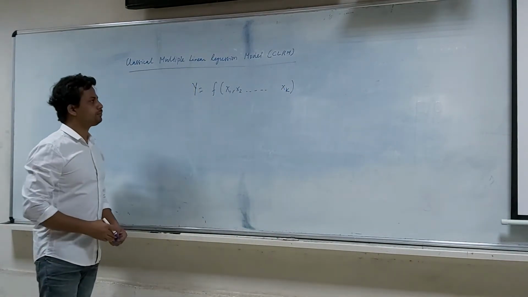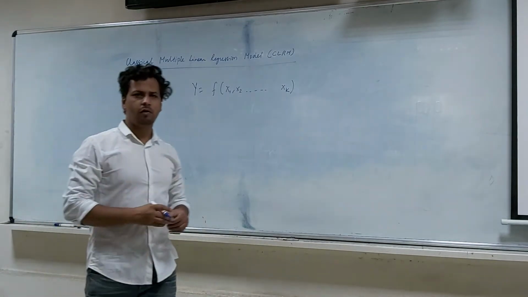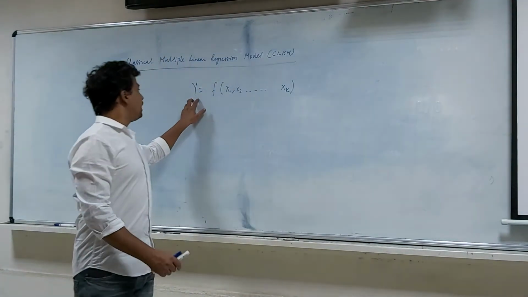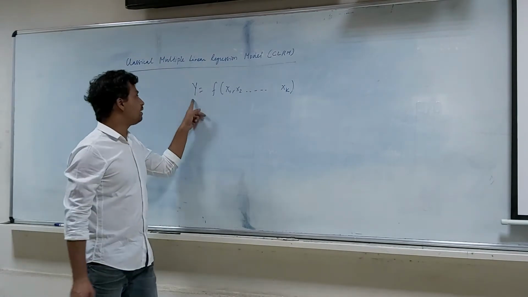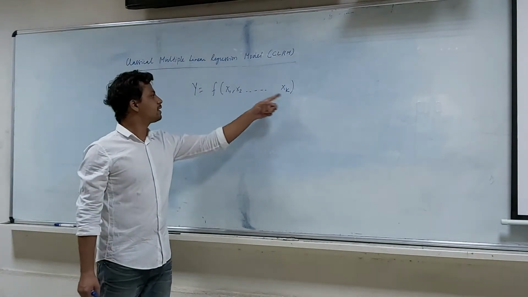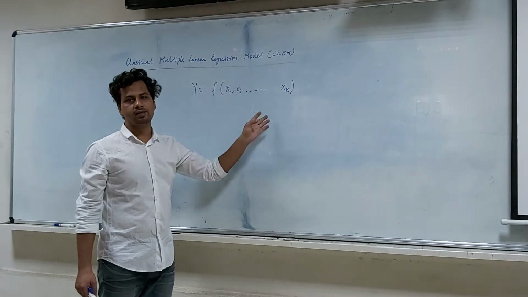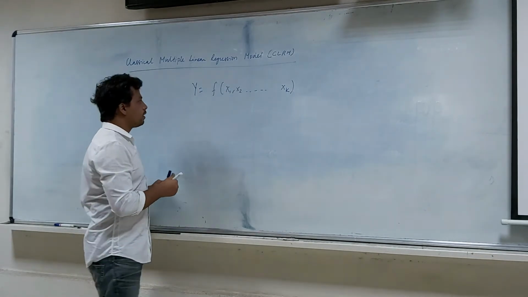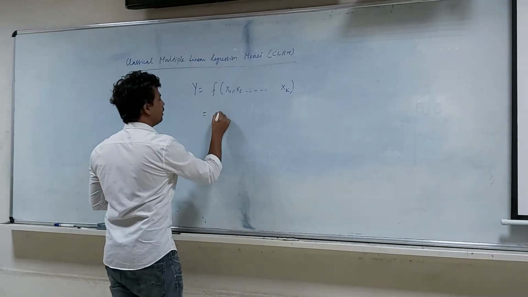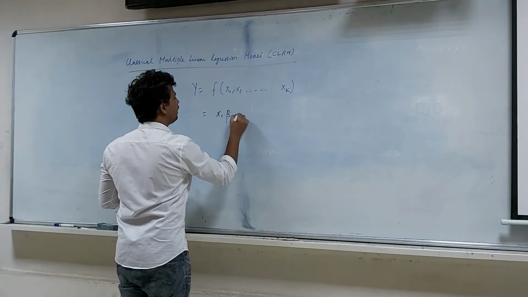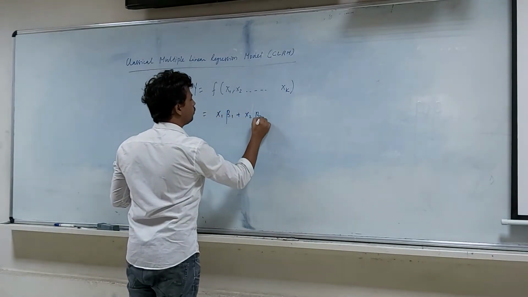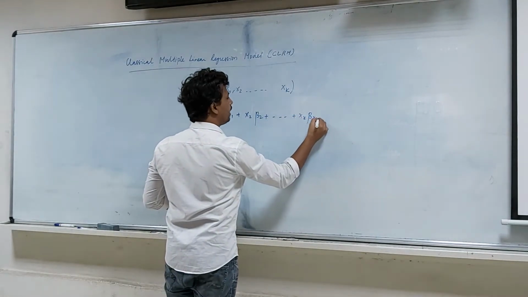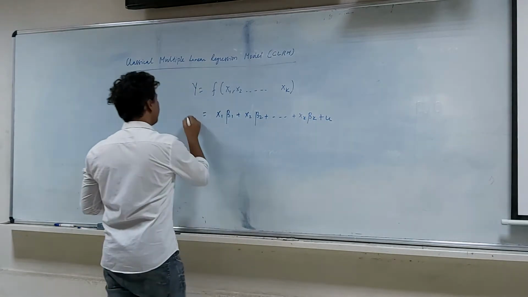This is the generic form, where I have a dependent variable y that depends on these k explanatory variables, right? And it can also be written as x1 beta 1, x2 beta 2, and so on, xk beta k, plus a random error term u.